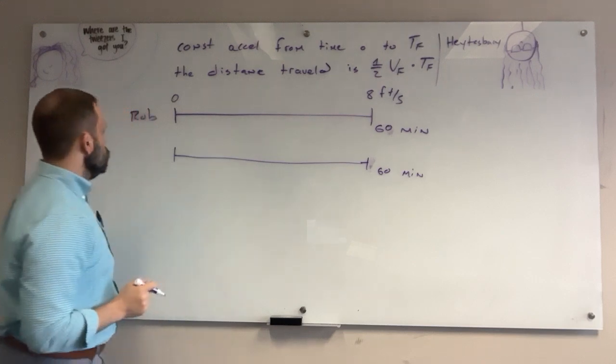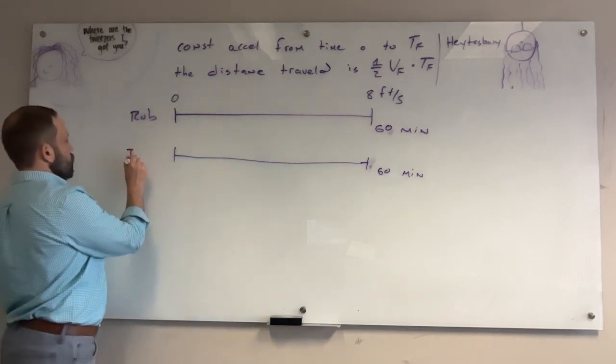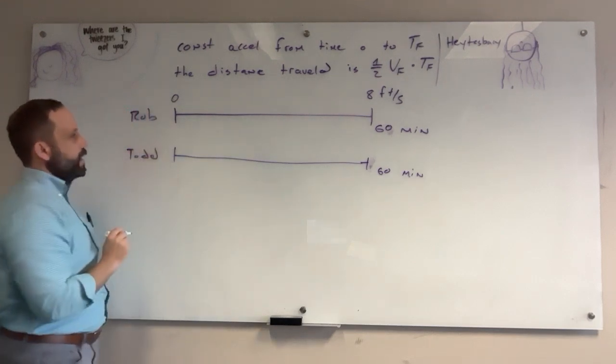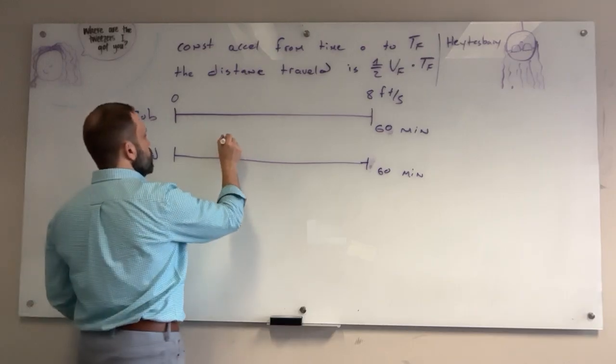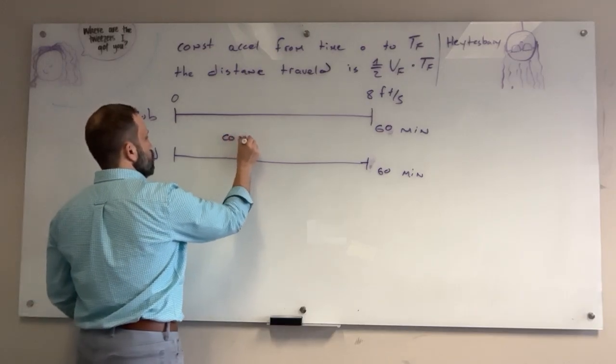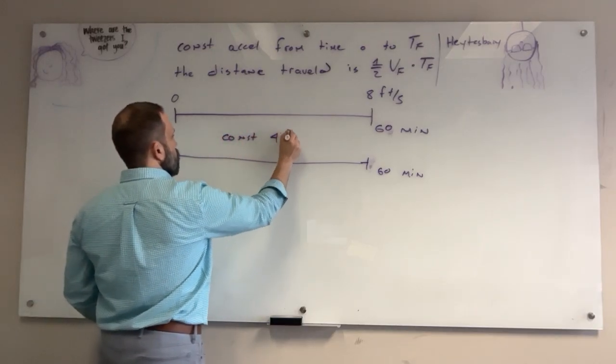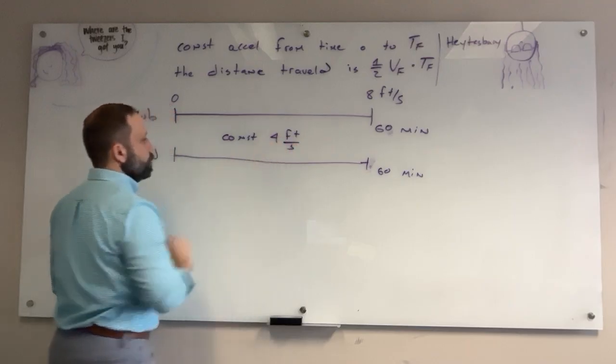Then we're going to look at Todd, and he is going constant 4 feet per second.